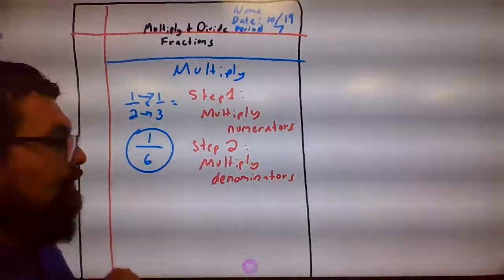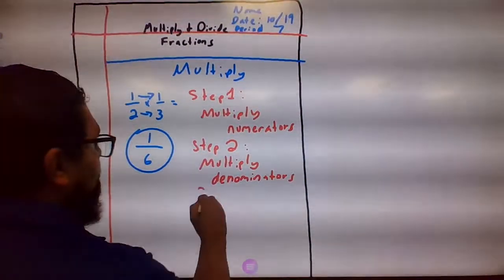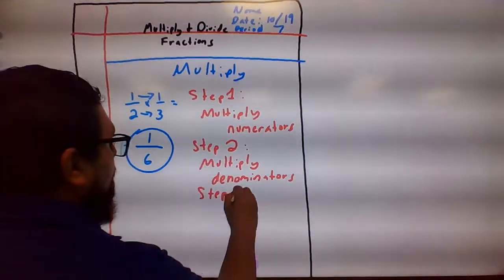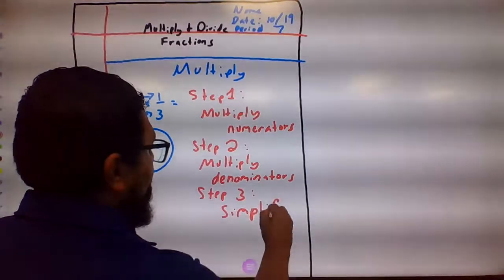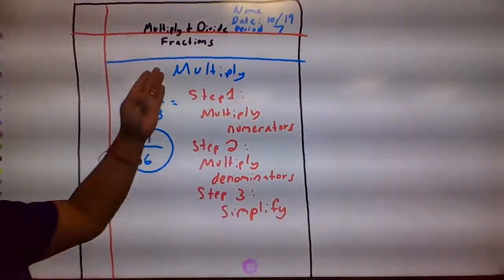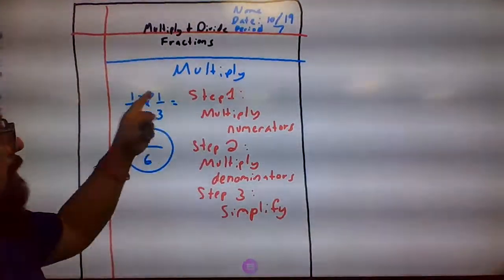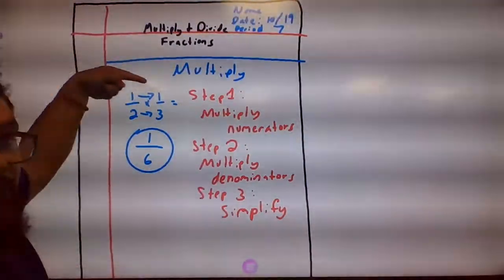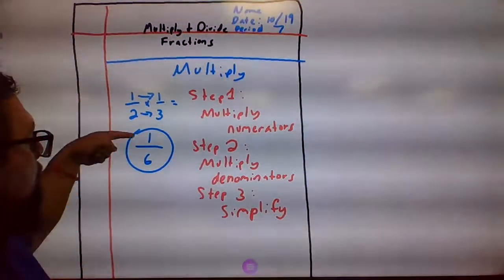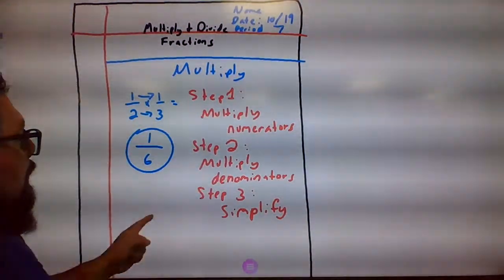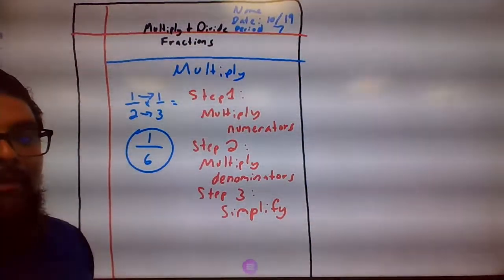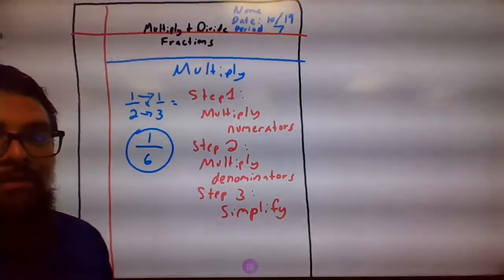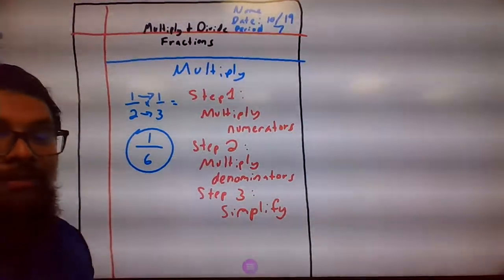If you need to, then you'll put step 3, simplify. So for multiplying fractions, you have 3 steps. Step 1, you multiply the numerators. Step 2, you multiply the denominators, and you get your answer. If you need to simplify, then simplify. That is multiplying fractions. Let's go on to dividing fractions.